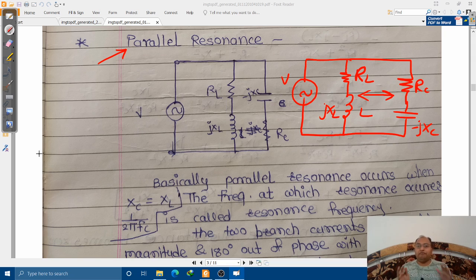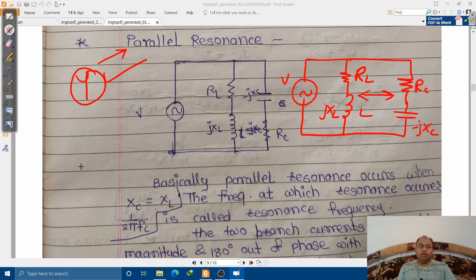And remember that whenever parallel combinations come into the picture, the admittance term comes into the picture. If it is in series, we find the equivalent impedance, like R1 plus R2. But whenever the parallel connection comes, we go for admittance.